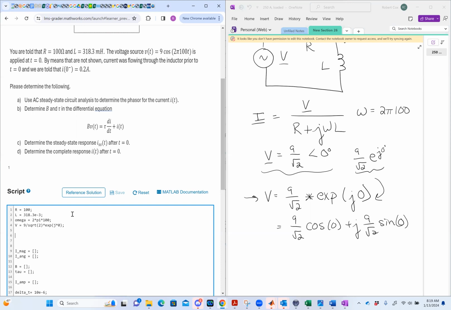All right. Now to solve for this, I'll just go to the equation that I wrote over here, right? This equation. And I'll say I equals V divided by R plus j times omega times L. Right? So I just keep it all symbolic to match my expression over there.